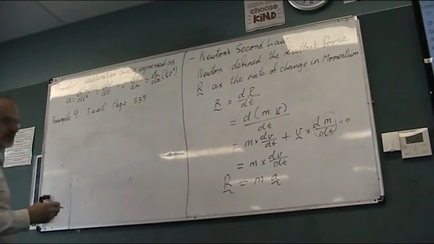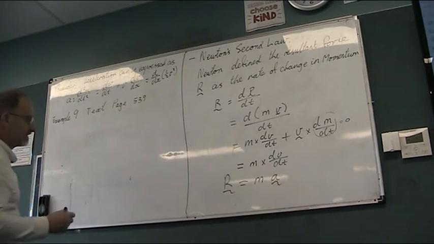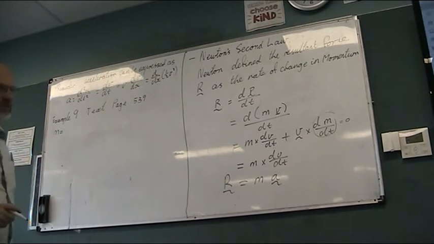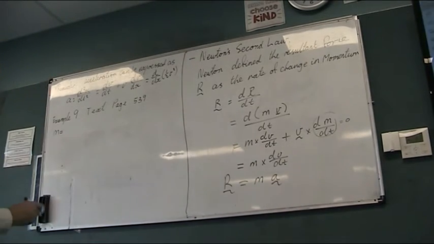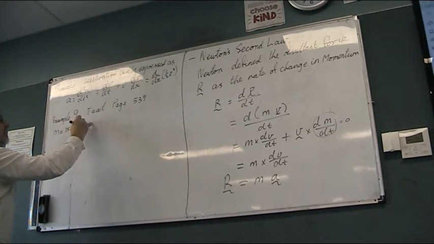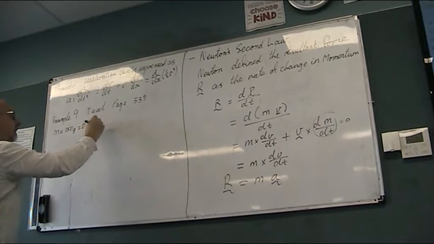If there is a uniform force that changes the velocity, then there must be an acceleration of some sort. Our ice hockey puck's 150 grams, and don't forget, we always have to have kilograms, so 0.150 kilograms.